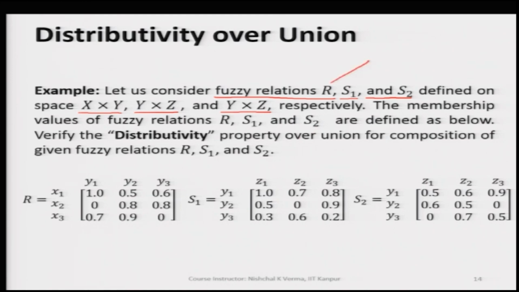So, R is a fuzzy relation defined in the universe of discourse X cross Y, S1 is defined in the universe of discourse Y cross Z, and similarly S2 is defined in Y cross Z. This way we have R, S1 and S2 as three fuzzy relation matrices.